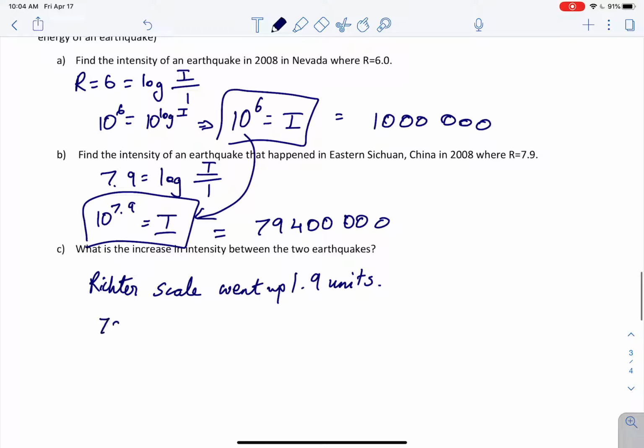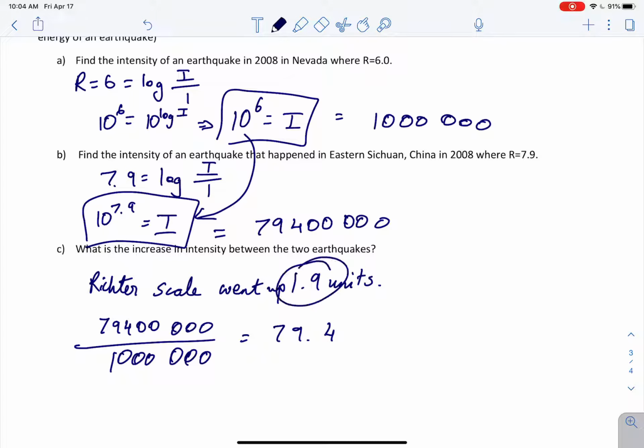So the actual intensity increase was quite a lot more, right? It was about 79.4 times the intensity. So even though this is a really small number, it just went up 1.9 units, that represented a change of multiplying by 79.4, which is a huge difference, right? It's not just plus 1.9, it's times 79.4.